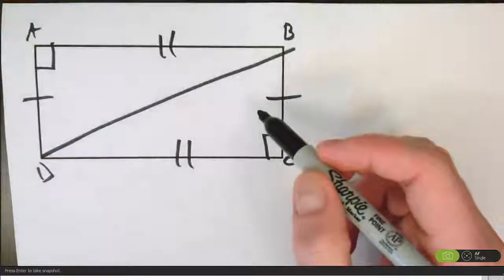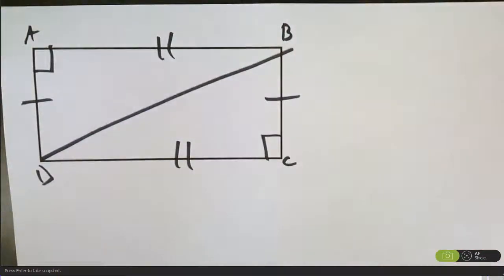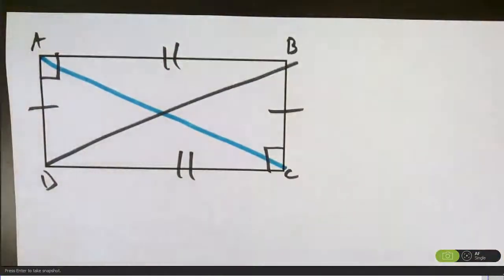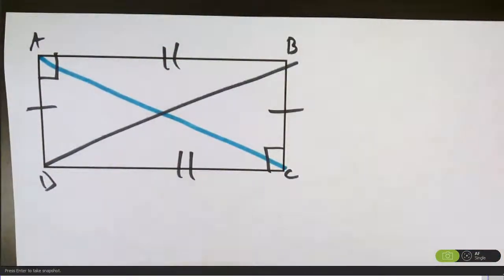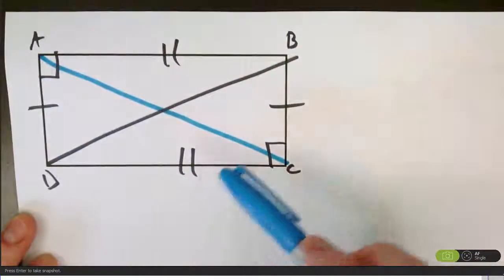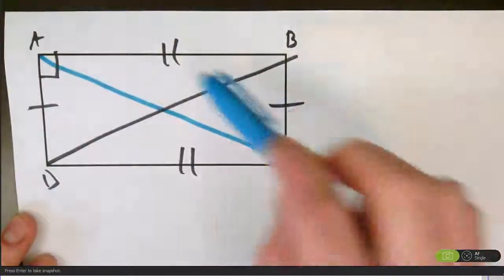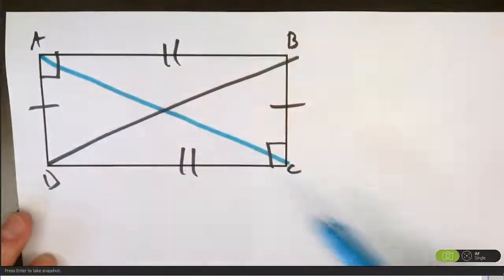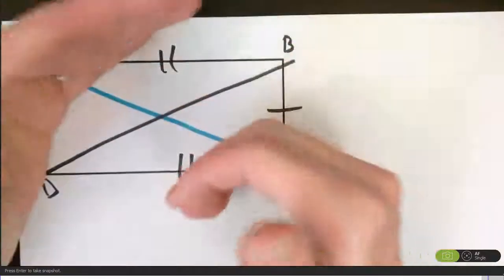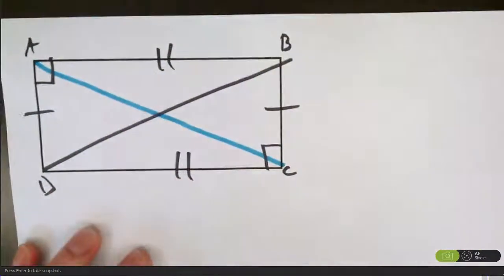The key is if I draw the diagonal the other way, in a light blue, I get single mark, double mark, right angle, single mark, double mark, right angle. So whatever happens, when this rectangle gets cut in half, the two triangles are always congruent.